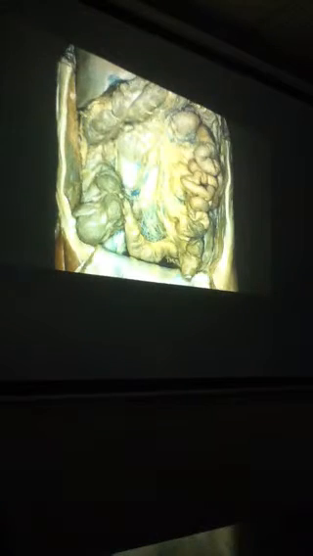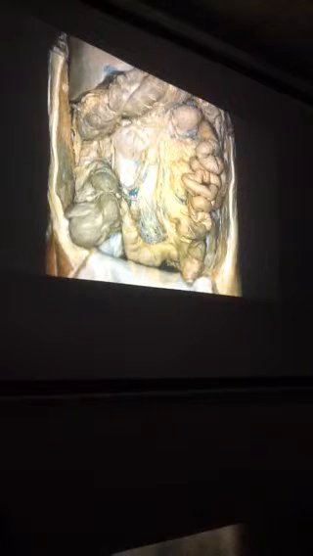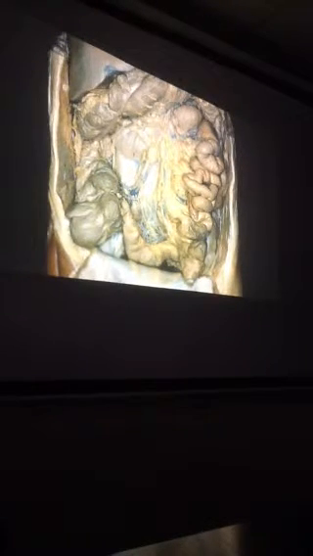Try another one. This was prepared so that you could really see this, all attached into the posterior body wall. Lesser omentum. So you're seeing this, which is attached to this.